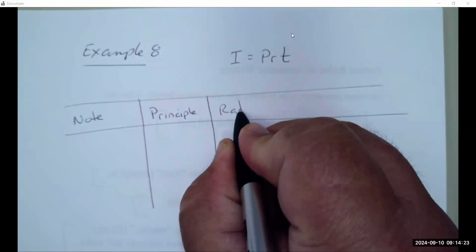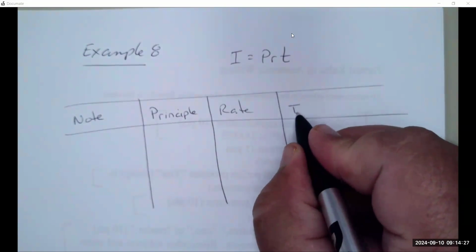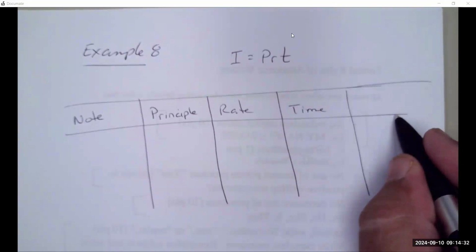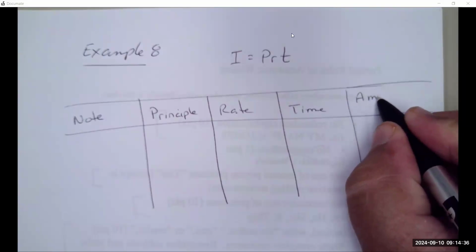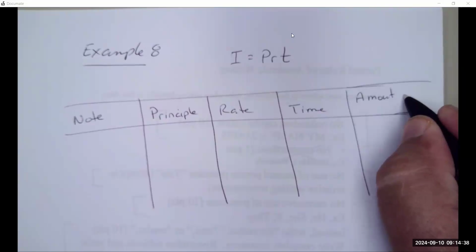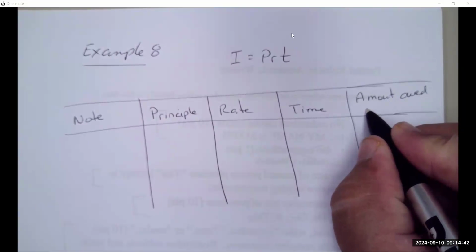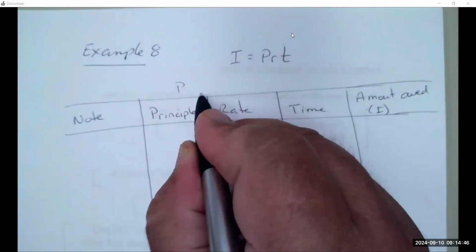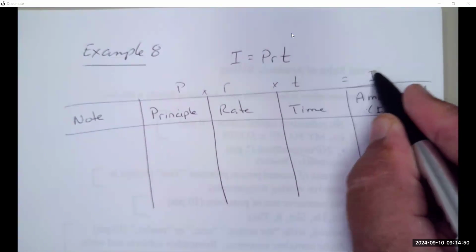The rate. The time. And since we have multiples, amount owed. The interest. Because this is principal times rate times time equals interest.